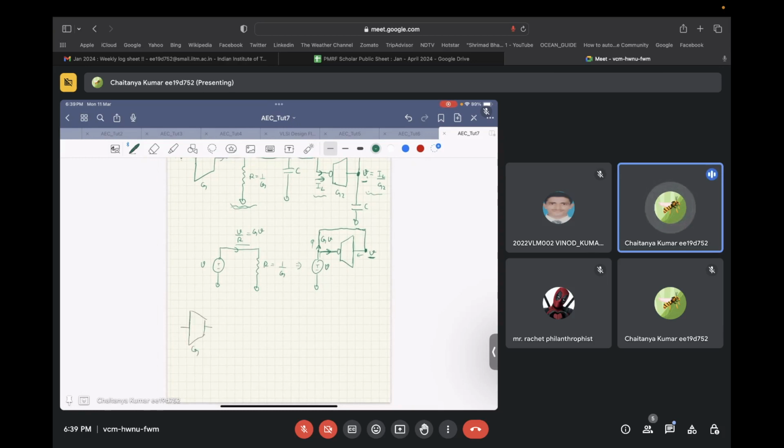So we have G over here, we have input voltage over here. So this is a transconductor. Then we have a capacitor over here. Then we have G1 over here.